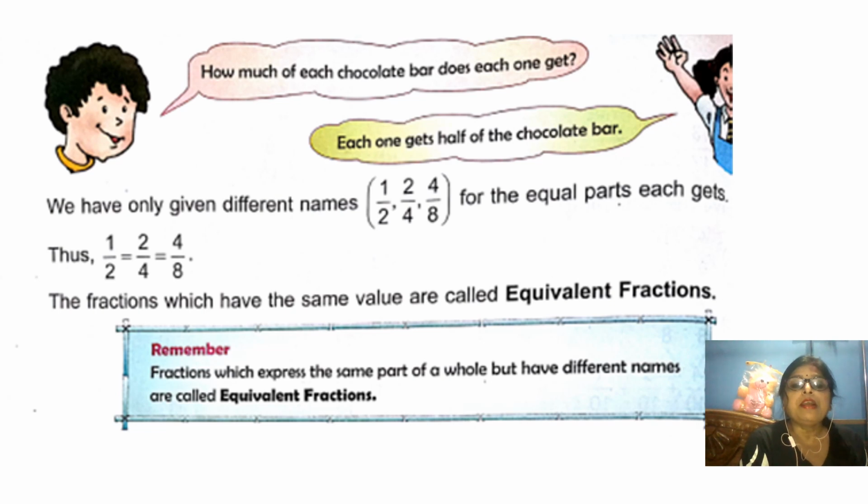So you can say 1 by 2 is equal to 2 by 4, that is equal to 4 by 8. So fractions which have the same value are called equivalent fractions. In another way, you can say that fractions which express the same part of a whole but have different names are called equivalent fractions.